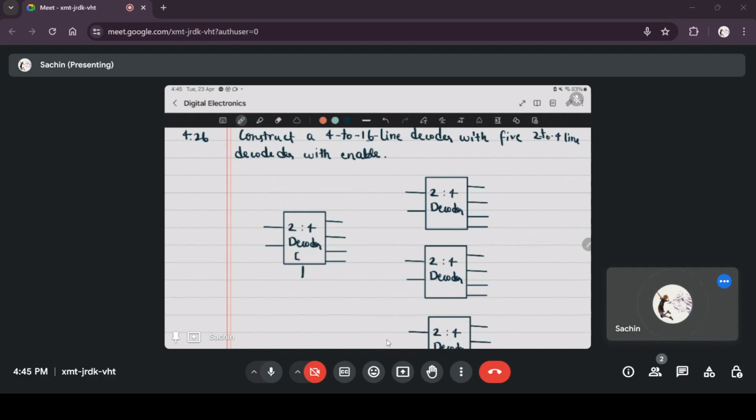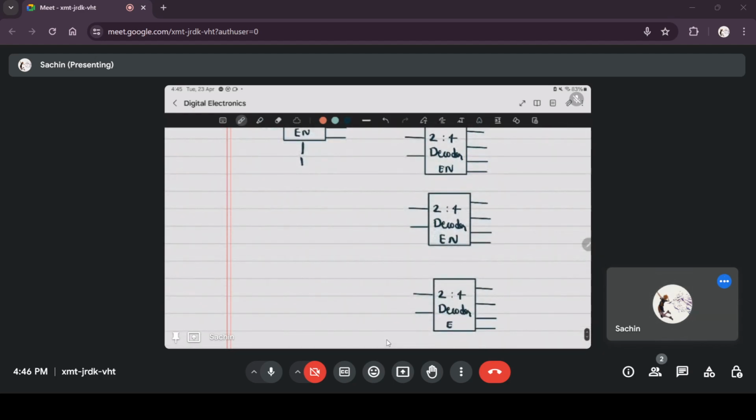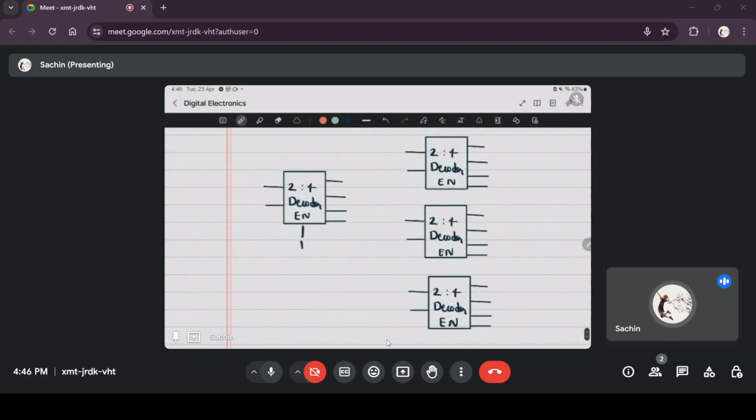As usual, enable is kept high for the first decoder. You can use the enable of the first decoder as the enable of the entire circuit, because if the first stage itself doesn't give any output, then... sorry, you can't do that.